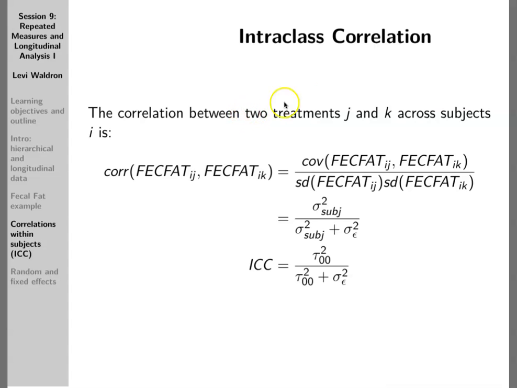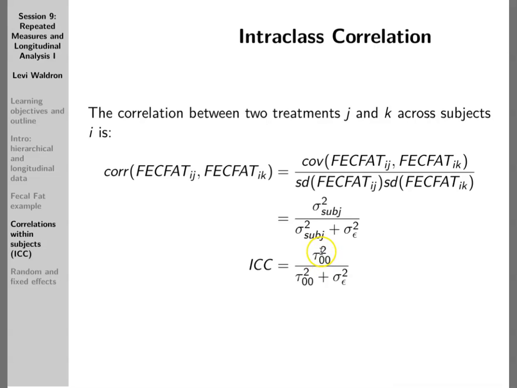So in this case, treatments J and K across subject I, so just a single level of nesting here. So this correlation, where the numerator, the covariance, is the subject variance, so this is the top level of the hierarchy, divided by the variance, which is broken up into the subject and the residual variance, is called the intraclass correlation.